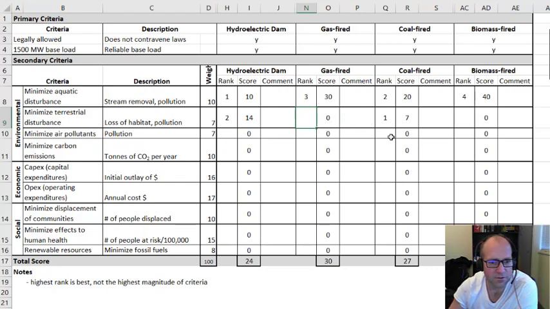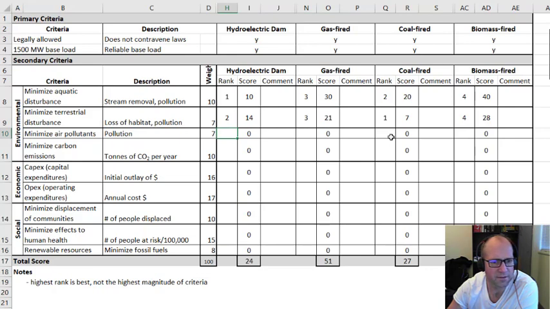It's going to have some disturbance, still better than a coal mine, and then a biomass, let's say, is working entirely off of agricultural waste and it's got hardly any disturbance on its own.